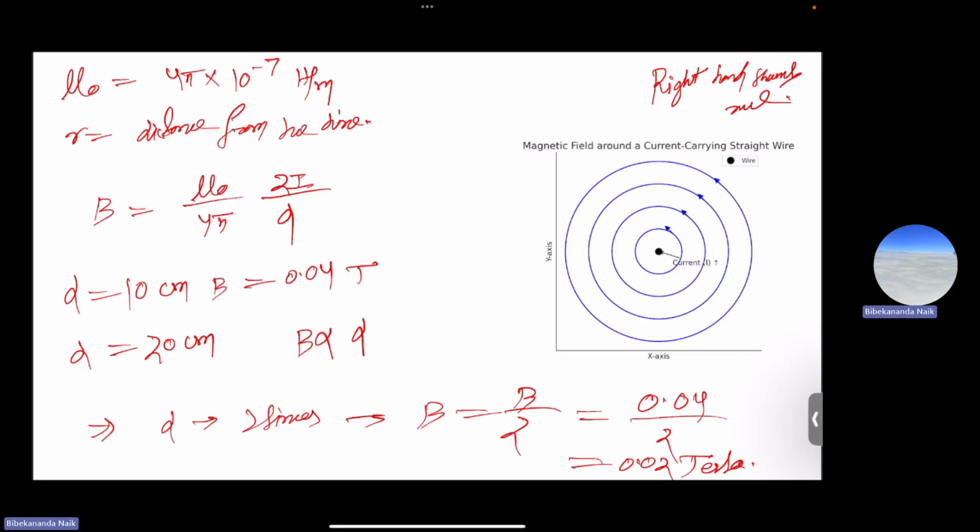Here a dot means the direction of current is away from the plane. So the magnetic field will be in this direction. This is the direction of the current, and this is the direction of the magnetic field. This is one demonstration. I hope this is clear to everyone.